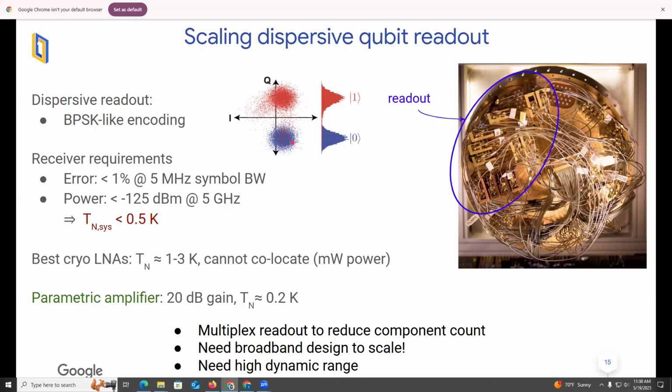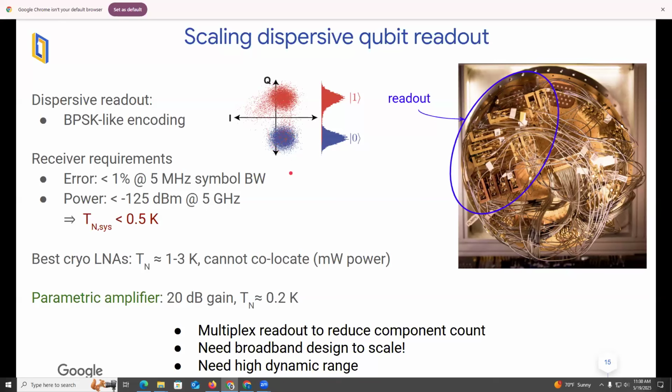The result that we're going to get is a dot either here or here. If we can associate the dot with this blob, we're going to say the qubit was in state 1. If the dot can be associated with this blob, we're going to say it was 0.